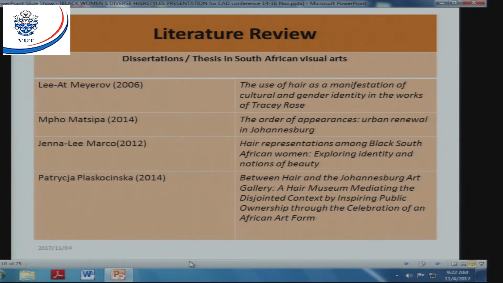Plasinko looked at the Johannesburg Art Gallery and says that if they put more artworks on hair, that will also bring economy to South Africa. It will bring tourists, so that tourists can see how black women, or even men, style their hair in Africa. So that was basically it.